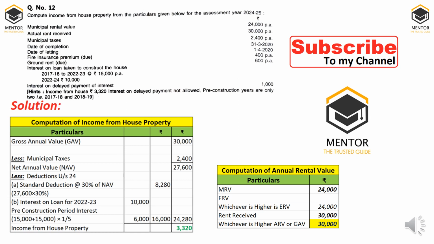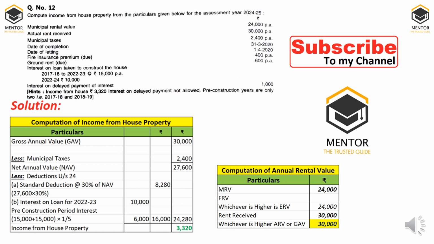Less municipal taxes 2,400. Once you deduct 2,400, you are left with 27,600. Deductions under section 24: A is standard deduction at the rate of 30%, that is 27,600 into 30%, which is 8,280.